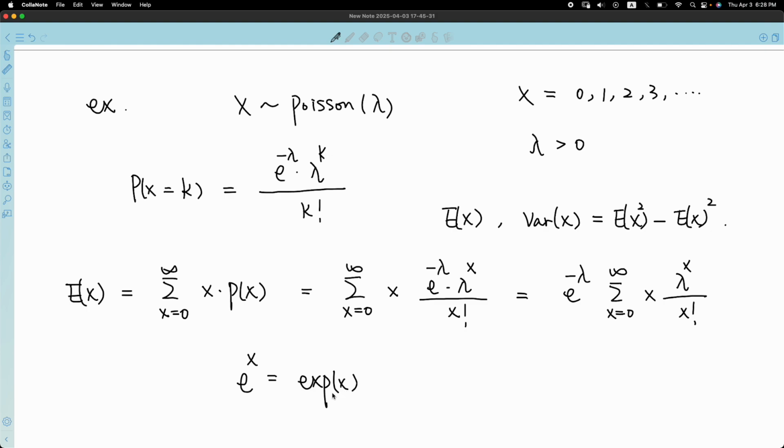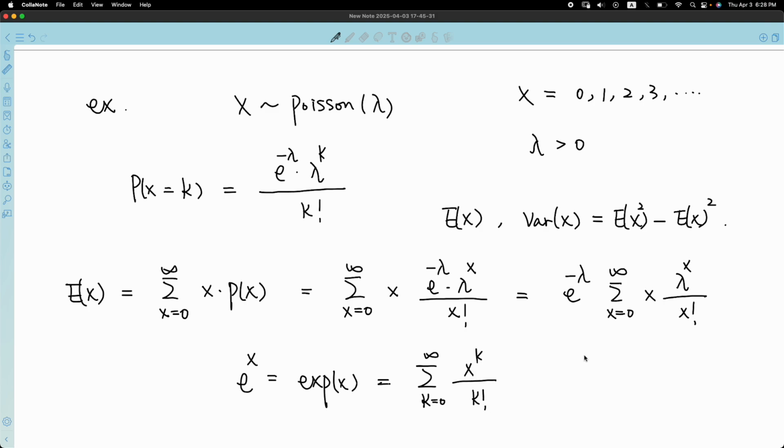So e raised to the power of x is exp(x) in the coding language. And one equation for rewriting e to the x is that you can write this as an infinite sum. This is also equal to the sum from k equals 0 to infinity of x raised to the power of k over k factorial.